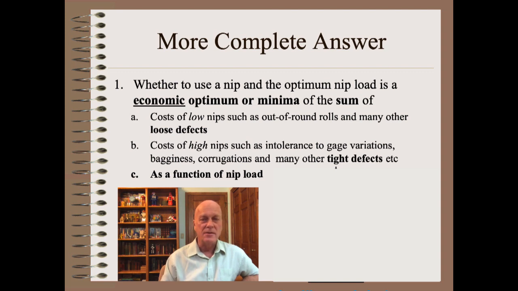High nip loads, especially on fragile webs, will require an especially flat web profile, as well as great machine design and maintenance prowess related to deflection and other concerns as we covered in our Web 101 class.